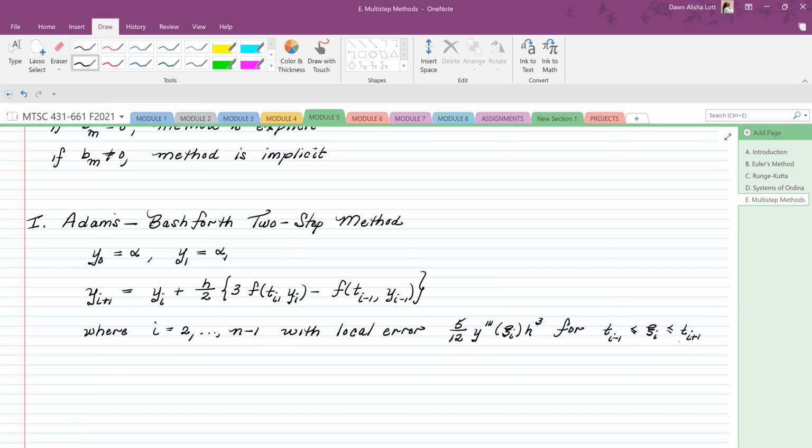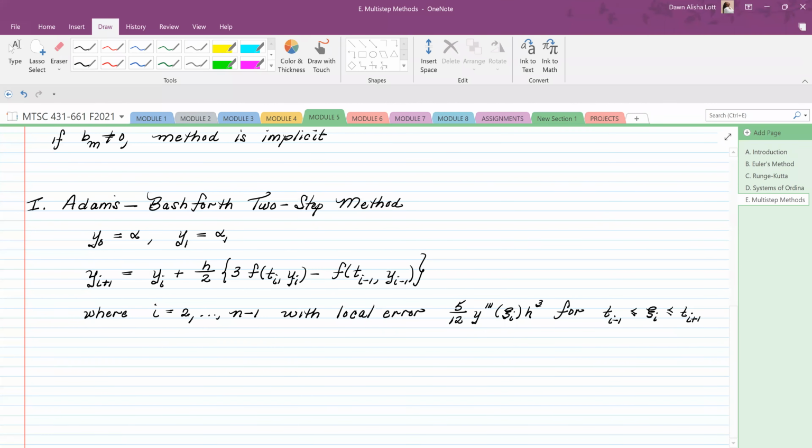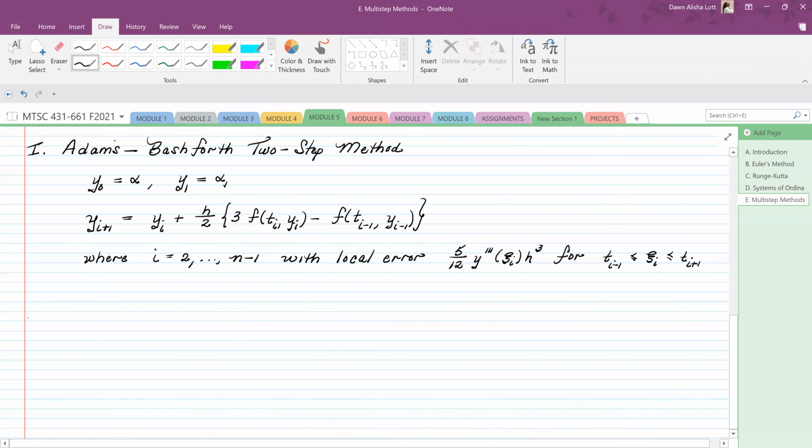There is a three-step Adams-Bashforth method. Oh, and this method is explicit. So let me give you the two. The implicit method is Adams-Moulton, two-step method.